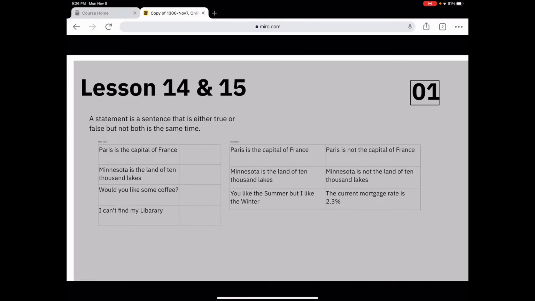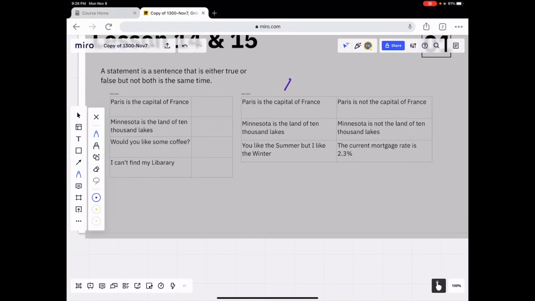All right. So for a statement, let's say you have a variable A assigned to this statement. A represents the statement Paris is the capital of France. The negation of this statement, you write A and put a bar line on top of it. Some people write A with an apostrophe, and some people write negative A. This is fine.